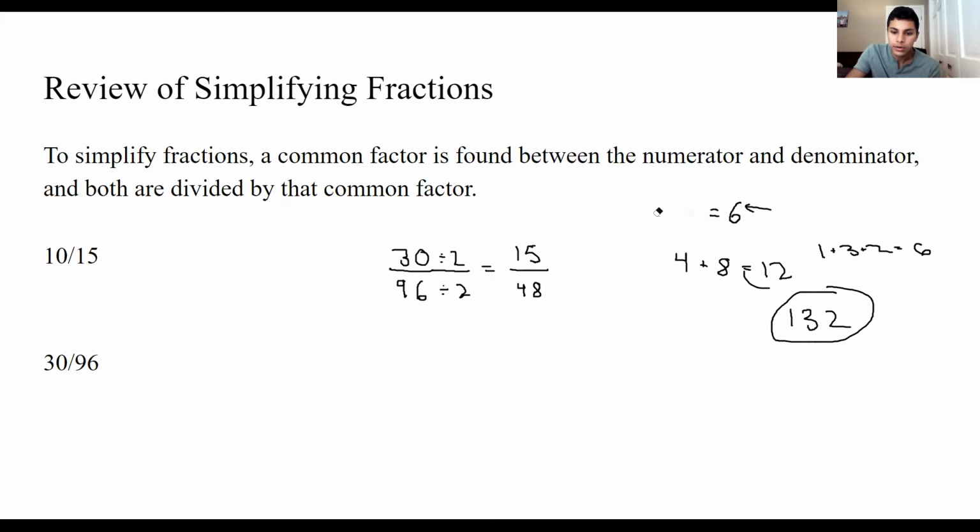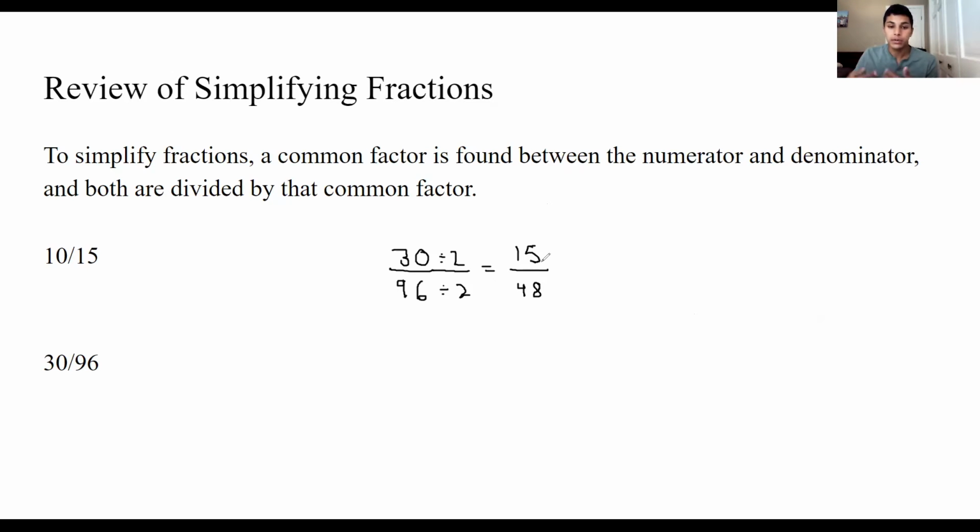So the way I knew both 15 and 48 were divisible by 3 is that I added the digits of the numbers, and both resulted in sums divisible by 3. So let's divide them both by 3. 15 divided by 3 is 5, and 48 divided by 3 is 16. So now we have 5 over 16.